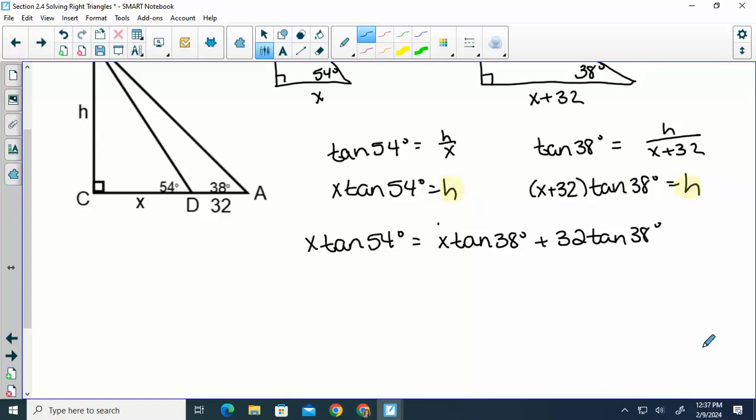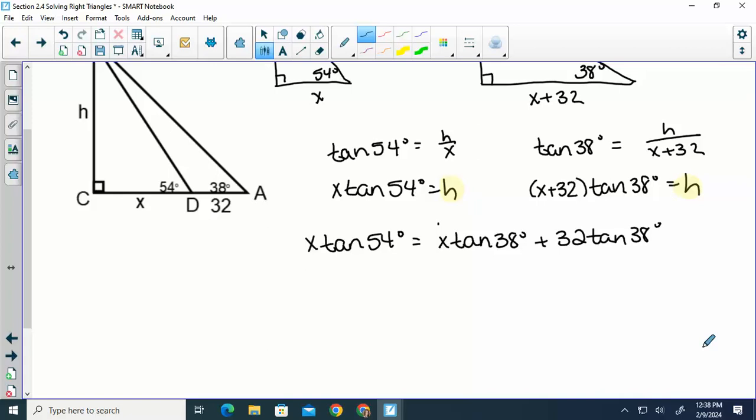Have I lost anybody? We are trying to find x, so what do we have to do? I'll get x by itself. Okay, we need to get the x by itself. Now, since I have an x in two separate terms, I need to put those on the same side of the equation.